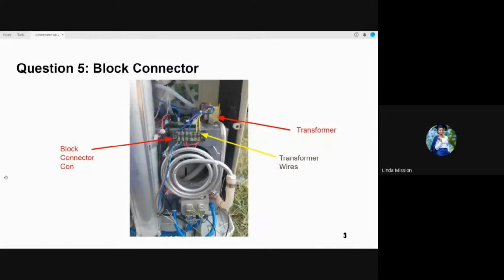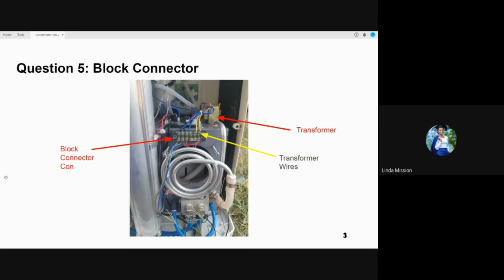When you open the inside of the sealed concentrator, you will notice that the compressor is powered separately from the other parts you have highlighted that are not working. And inside the concentrator, there is a block connector where the power from the mains is distributed. Some power goes to the control board through the step-down transformer, whilst the other power goes to the compressor.